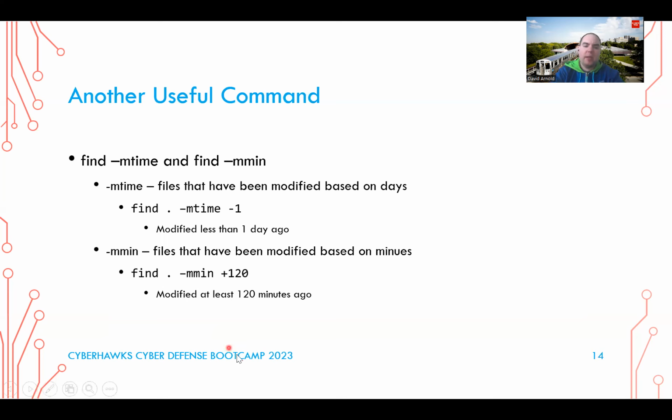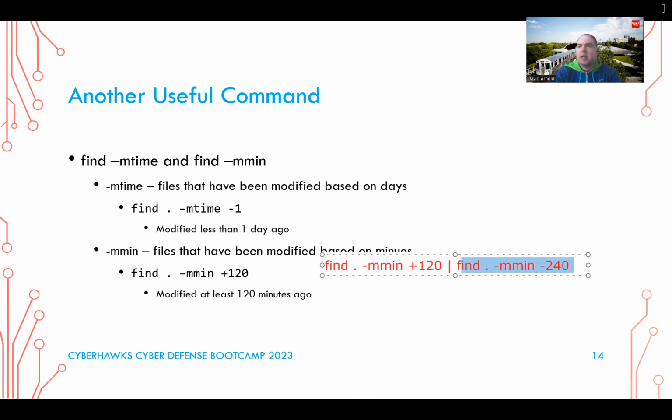I believe you can then use the piping operator. For instance, I could say something along the lines of find -mmin +120 and then find -mmin -240. Essentially what this would do is give you a list of things that were modified more than 20 minutes ago, and then a list of things that were less than 20 minutes ago.